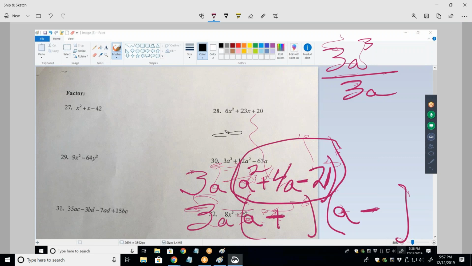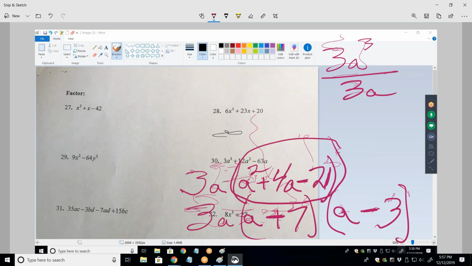Good. Which one goes with which sign? And it does matter. So the biggest one goes with the sign of the middle term. Perfect. So 7 would go in the first one. And the 3 goes there.